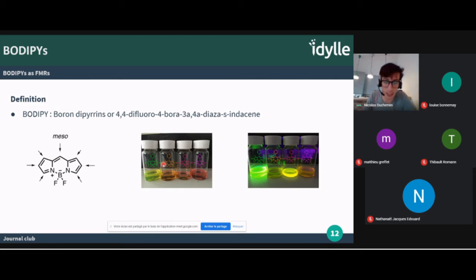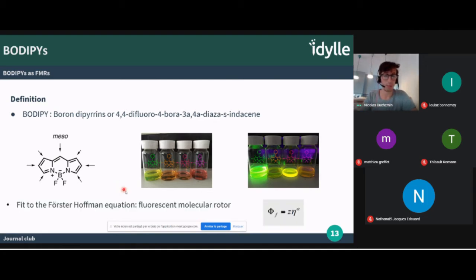And you can see here on these four examples that if you go from iodine to a double bromine to a double iodine substitution on the position number 2, you will completely change the fluorescent emission properties from a very, very deep, very profound green to a relatively deep orange.